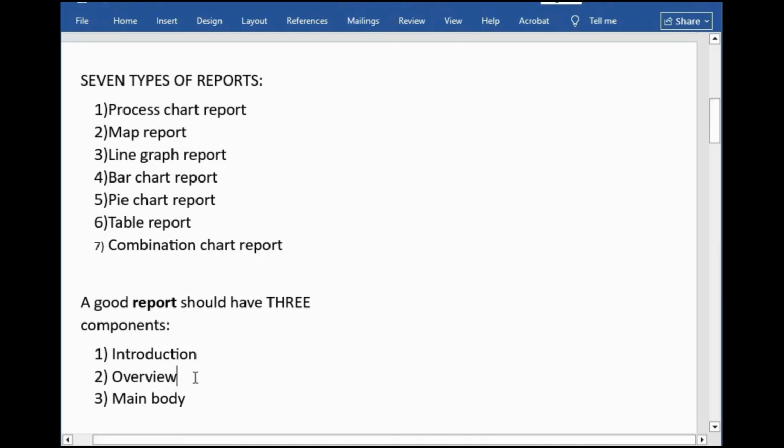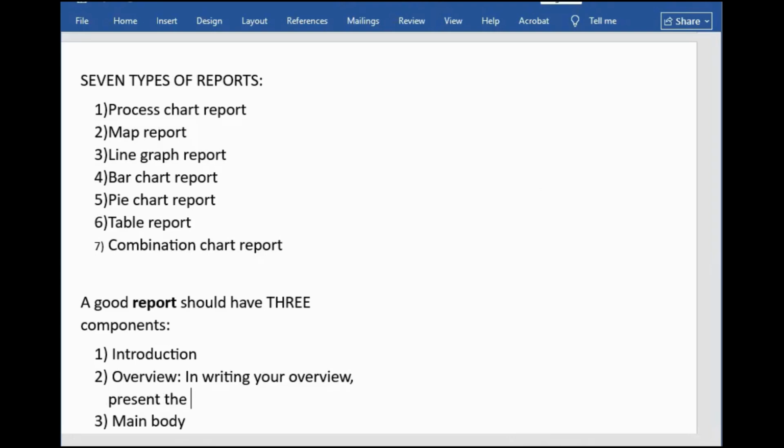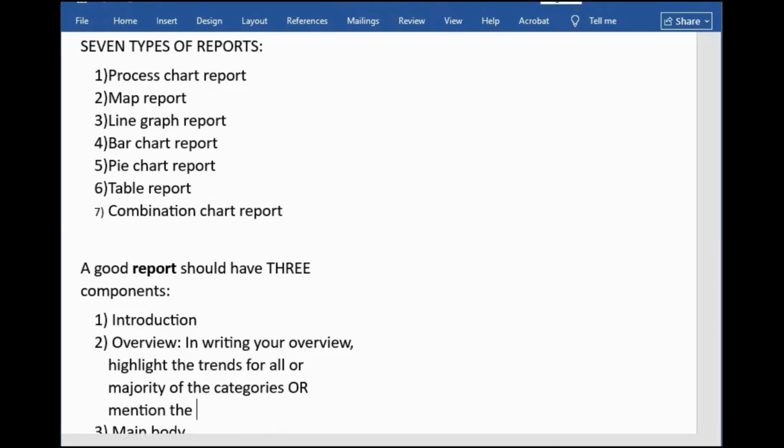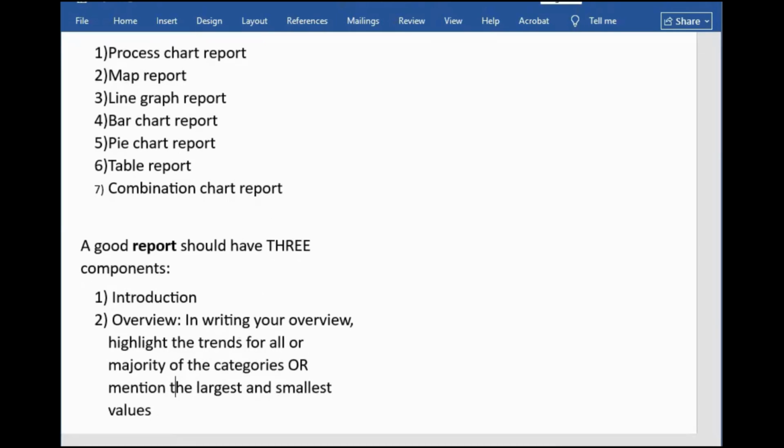Let me write it out for you here. In writing your overview, present the highlights, the trends for all or majority of the categories, or mention the categories with the largest and smallest value.